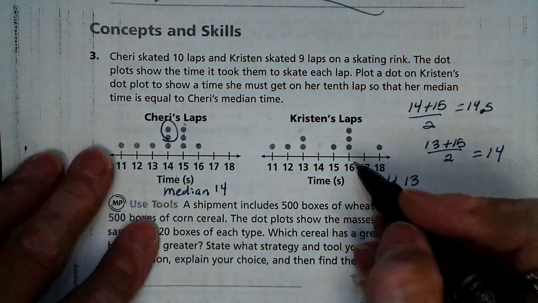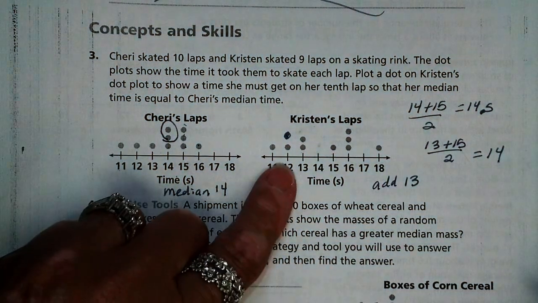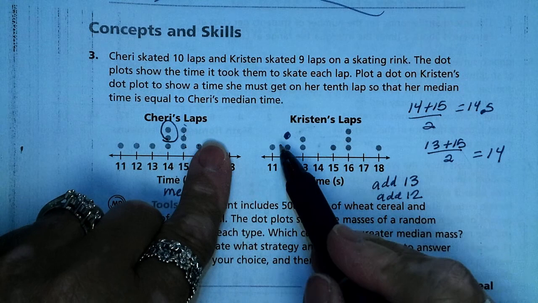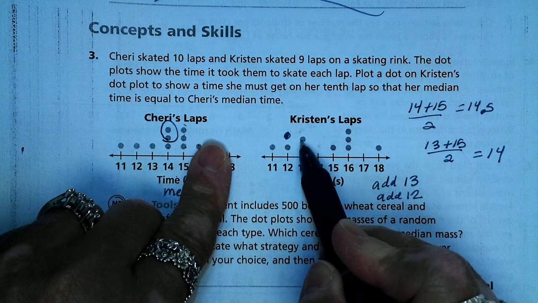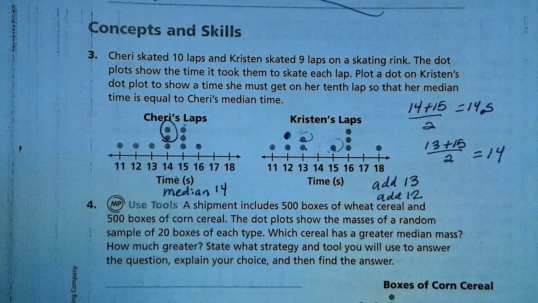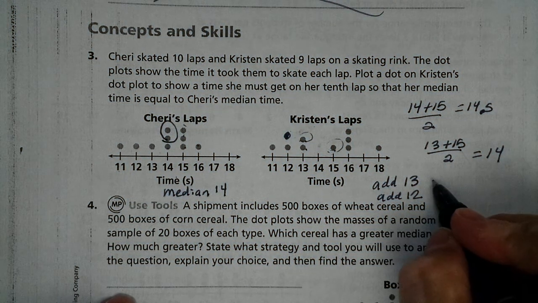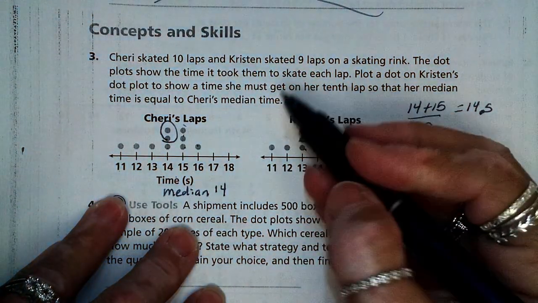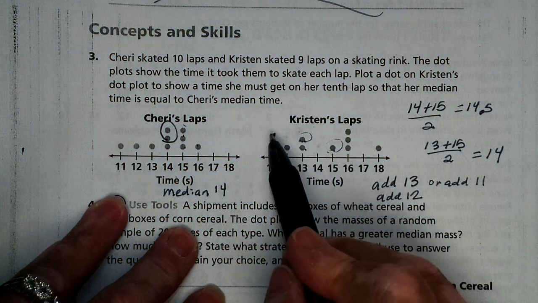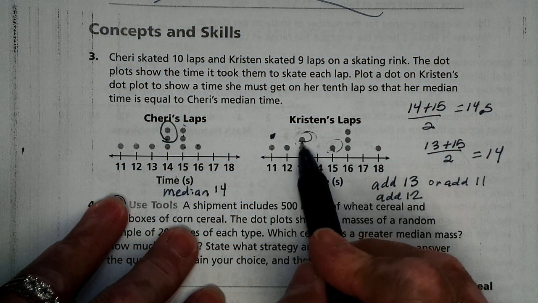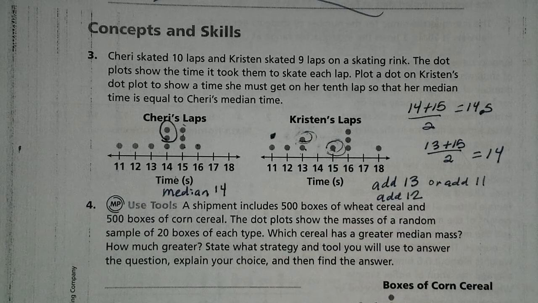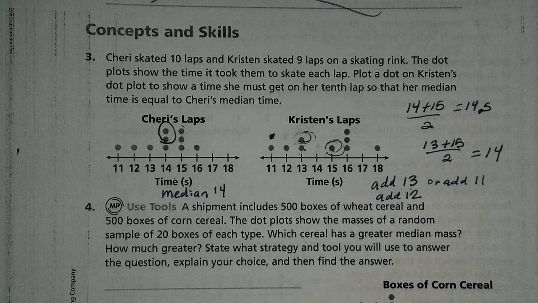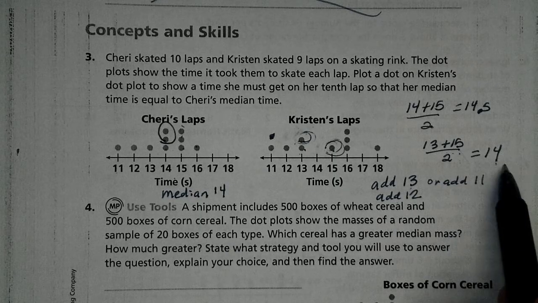I could also add a dot at 12, because I then would have 1, 2, 3, 4, and this dot would still be the middle. Or I can add one at 11, and then I still get 1, 2, 3, 4, this dot still being in the middle as well as this dot. So you had 3 things that you could have done: 11, 12, or 13 would give me the same median of 14.